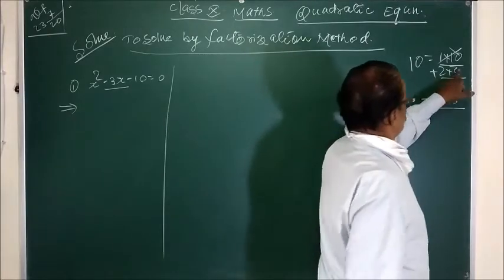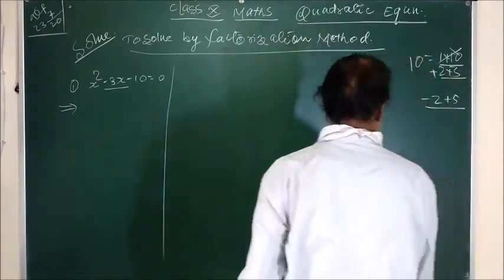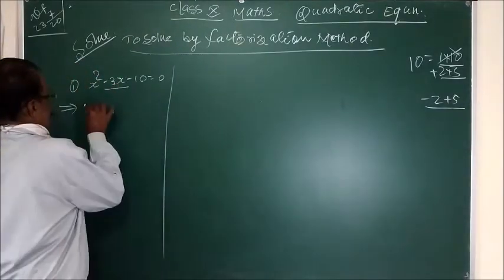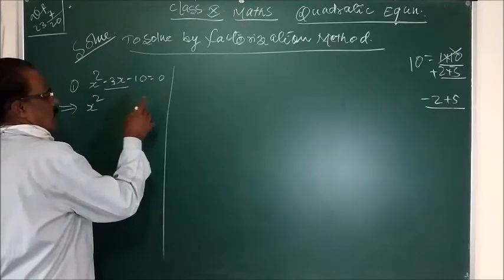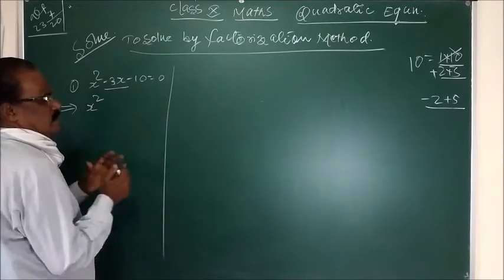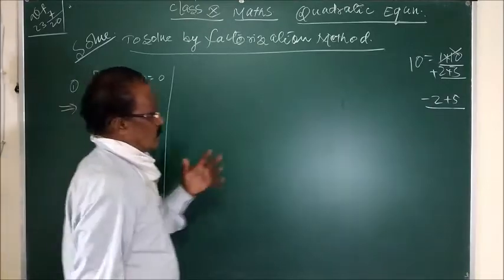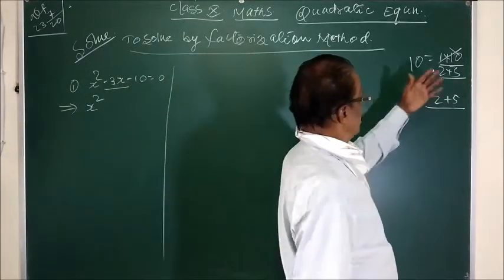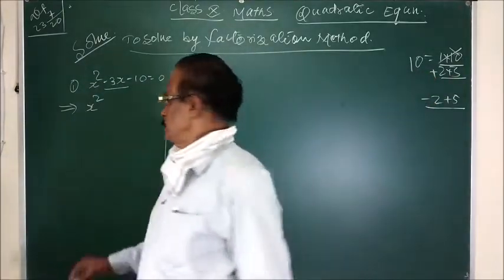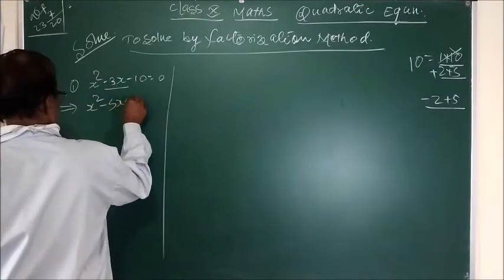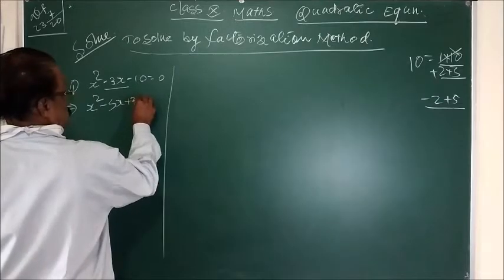So this is the suitable pair, minus 5 and plus 2. So this will split as x square, and there is no difference in writing these two pairs, either this or this. So minus 5x plus 2x.